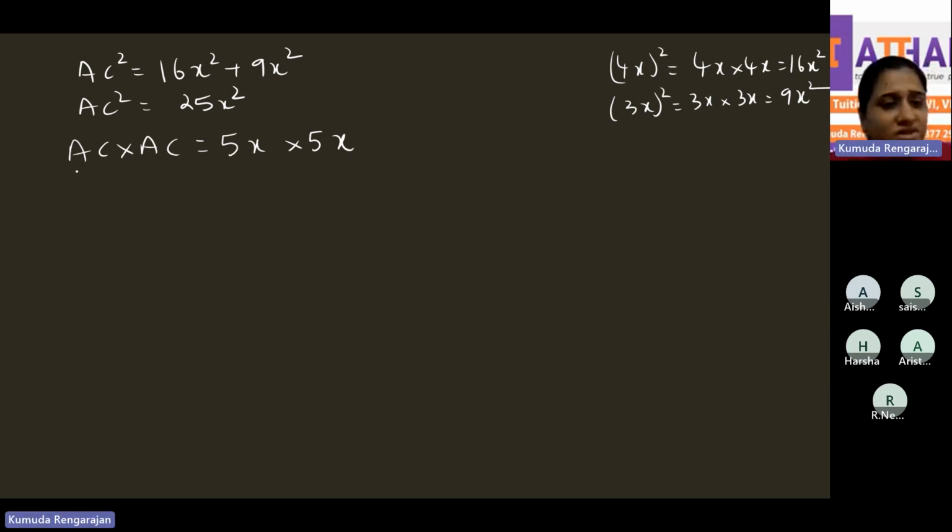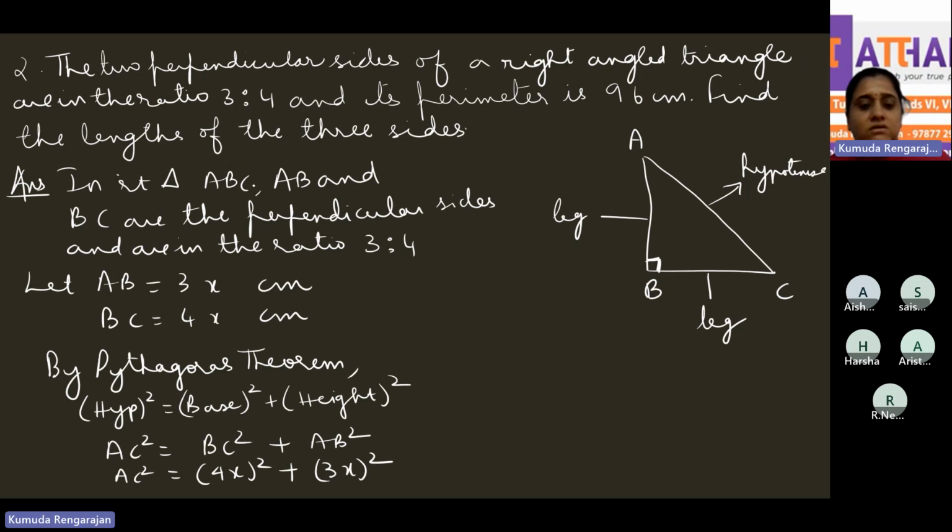So when you compare both the sides, AC into AC is 5x into 5x. That means AC is equal to 5x centimeters.